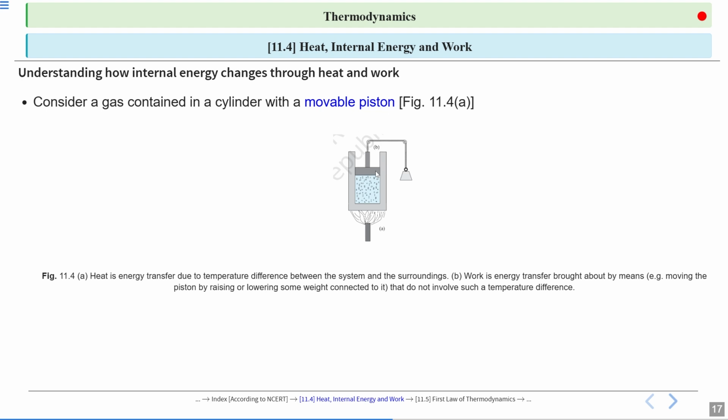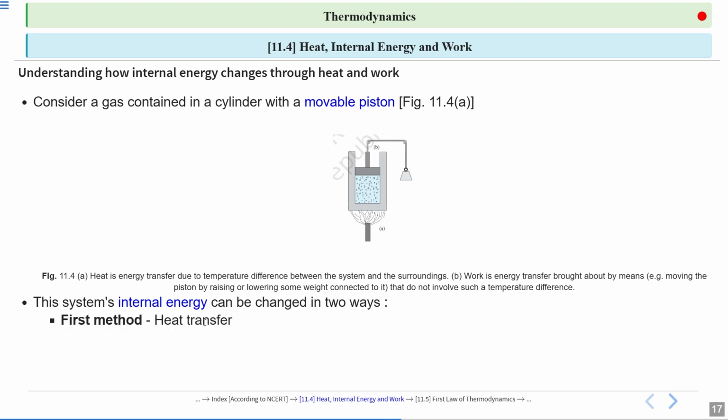This piston is movable. This system's internal energy can be changed in two ways. The first method is heat transfer. The second method is work done. We will learn each one by one.